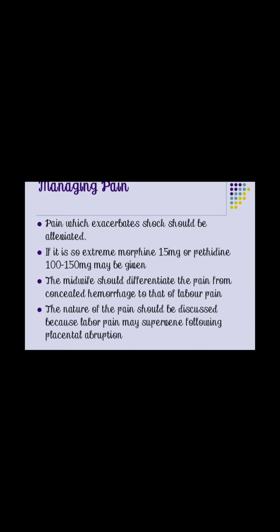The midwife should differentiate between the pains from concealed hemorrhage and that of labor. A good trained midwife lazima atatofautisha maumivu ya uchungu na maumivu ya concealed hemorrhage, kwa sababu maumivu ya uchungu yenyewe yanaanzia from the lower back, then radiate to the abdomen, and the spears they can go to the thigh.